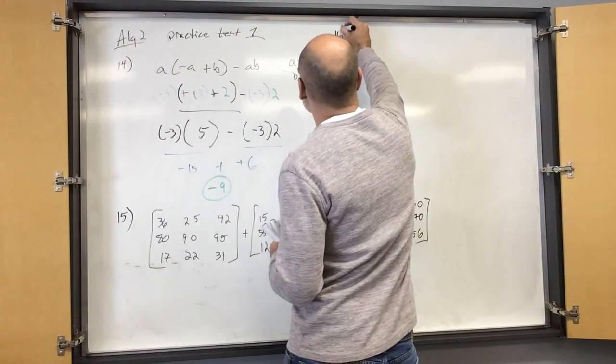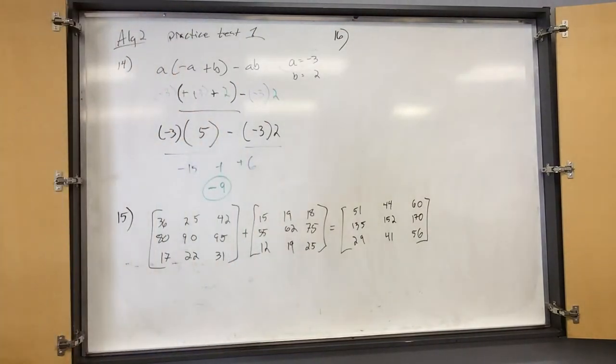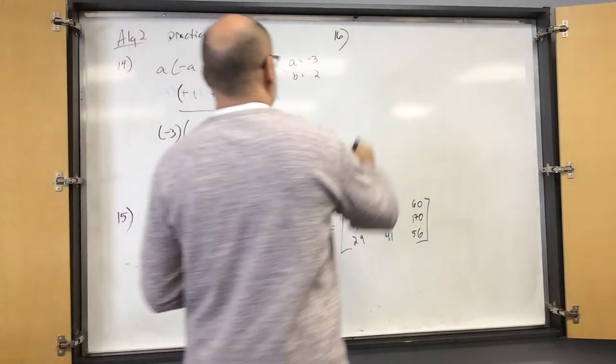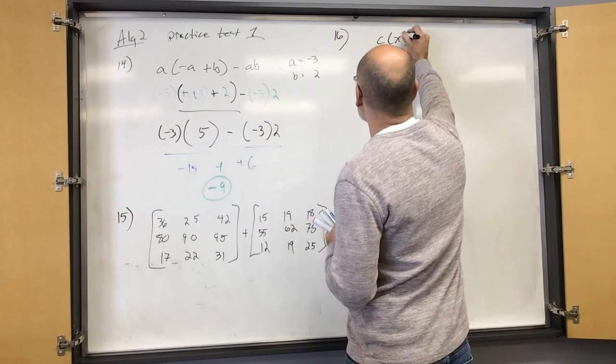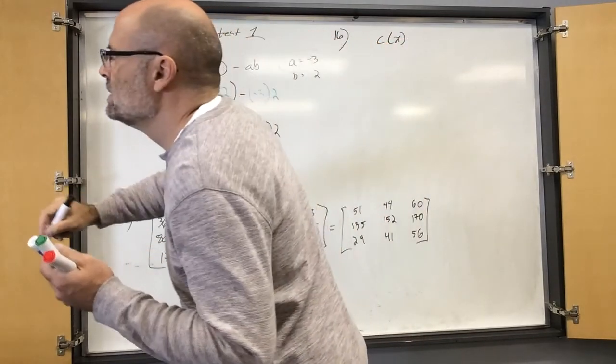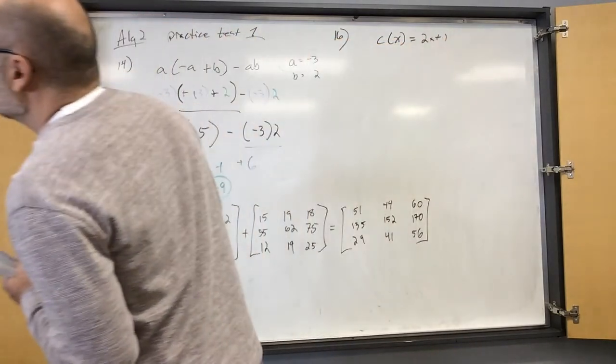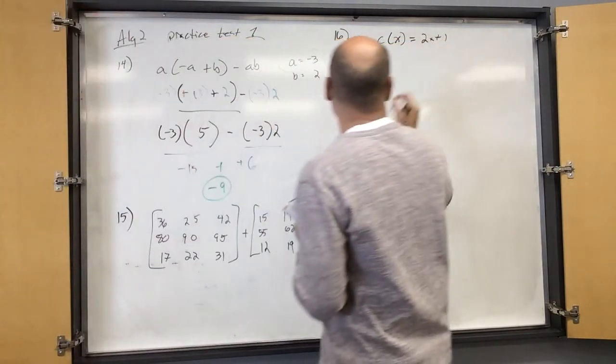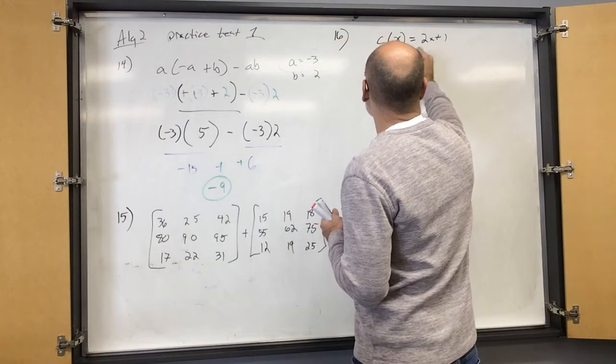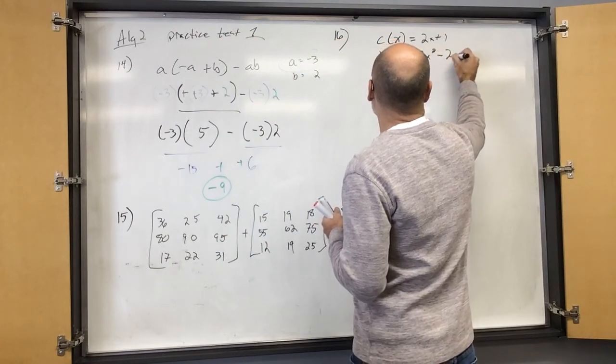All right, number 16. If c of x, so this is the function. When you see c of x, it's not c times x, okay? c of x equals 2x plus 1. h of x equals 3x squared minus 2x.